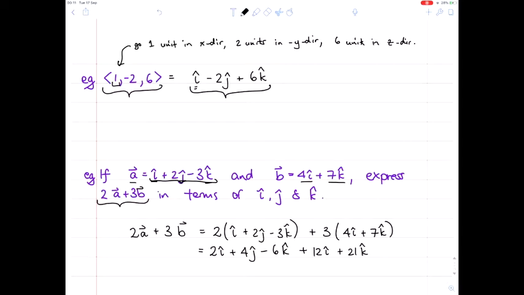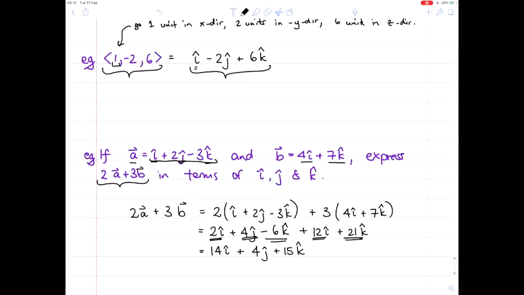And now we're going to group like terms because we've got 2 units in the x direction plus another 12, so that's going to give us 14 units in the i direction plus, well, we've got this 4 in the y direction and no others, so that's 4 in the y direction, and then we've got minus 6 plus 21 in the z direction, which gives us plus 15 in the z direction.